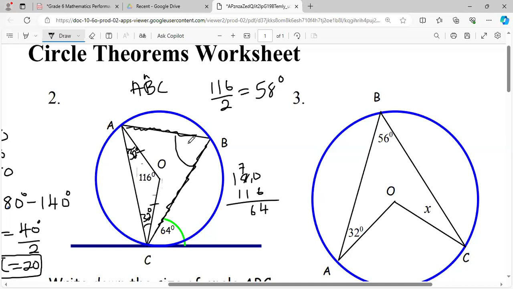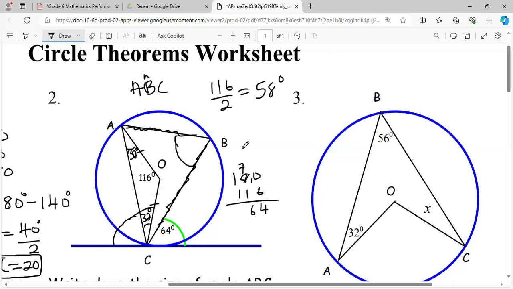Now this angle right here is equal to this angle right here. So if we find this, we could know what this is. Now these are between a tangent, a blue line here, and a radius. So that means all the way around here adds up to what?